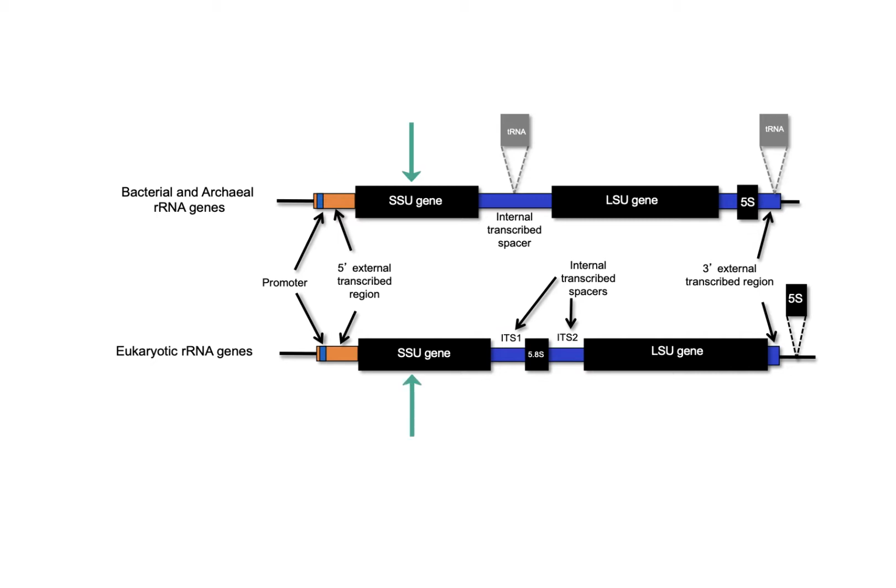The small subunit, mutations in there can have a large effect. Mutations in the large subunit can have a large effect. And even mutations in the 5S can have a large effect. Mutations within the spacers probably have less effect, but it really depends on what the mutation is and where that mutation is in the process of creating the ribosomal RNAs and then eventually the ribosomes.